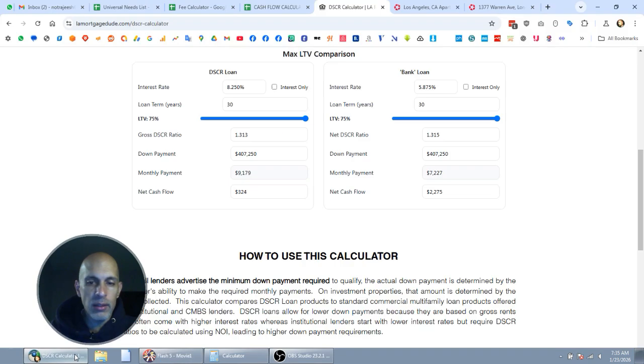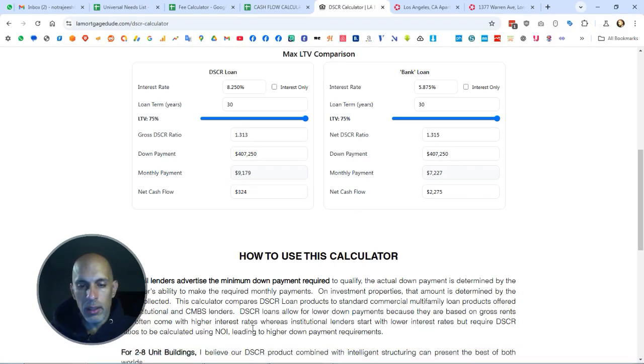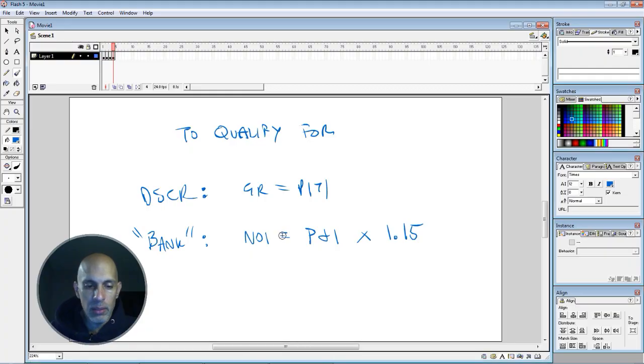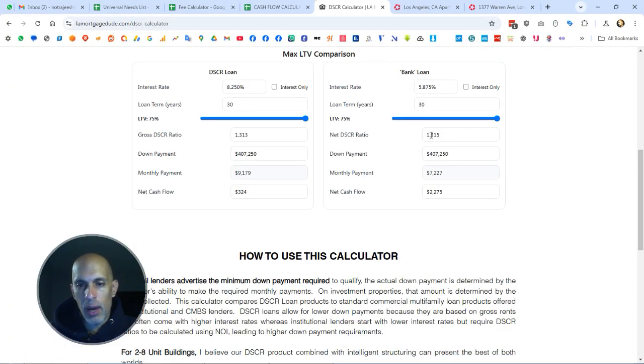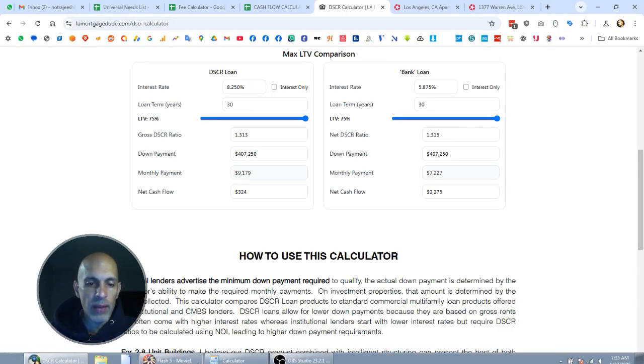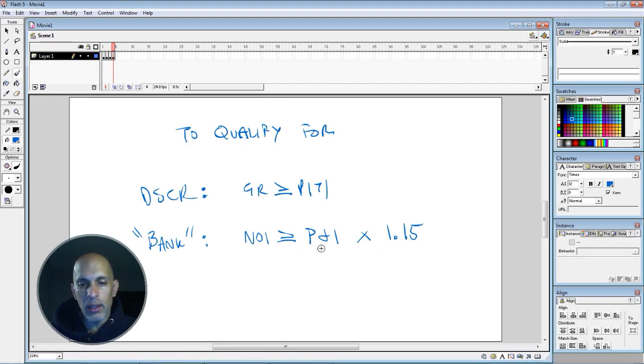And in this case, let me put this better. Greater than or equal to, greater than or equal to. And in this case, NOI is 1.315 times greater than P&I.